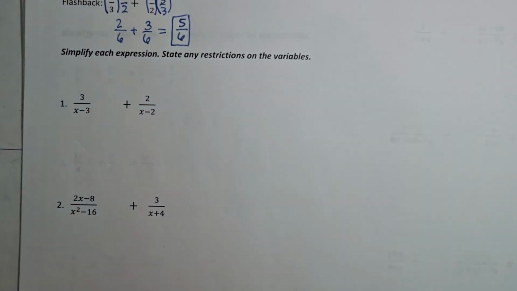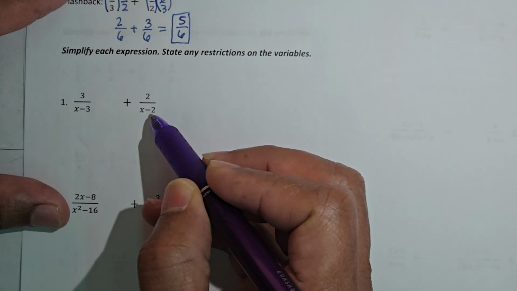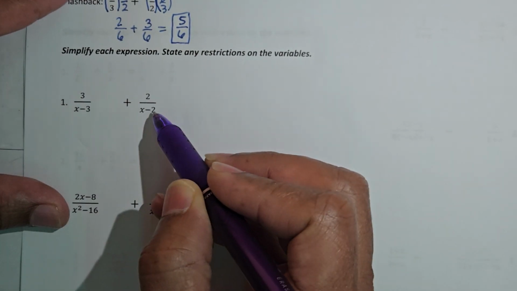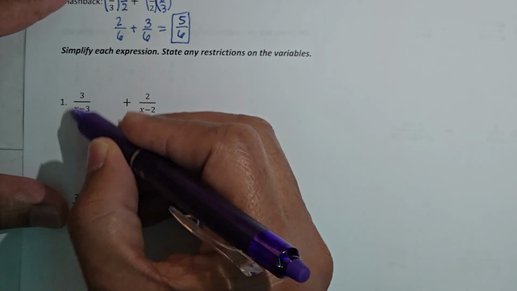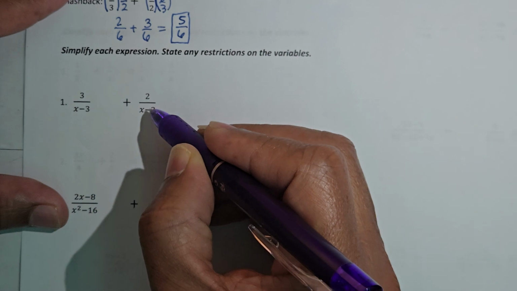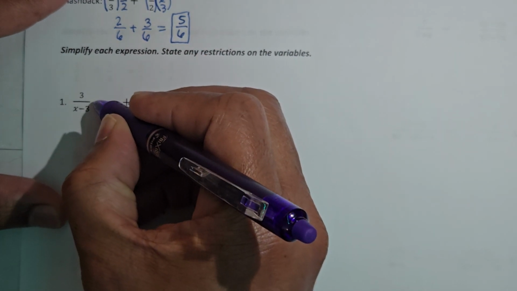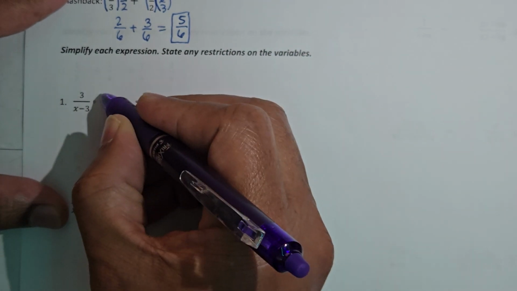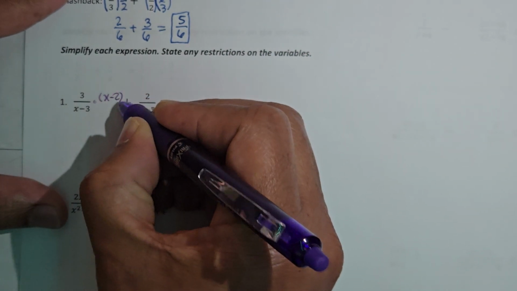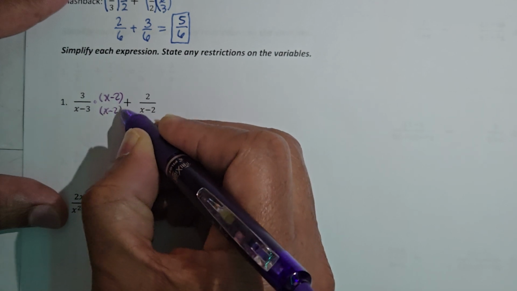First notice that this one has an x minus 3 and this is an x minus 2, so they do not have the same denominator. So what we do is multiply this one by what the other has in the denominator, and this one gets multiplied by what this one has in the denominator. I'm going to multiply by x minus 2, because that's what this one doesn't have, so over x minus 2.